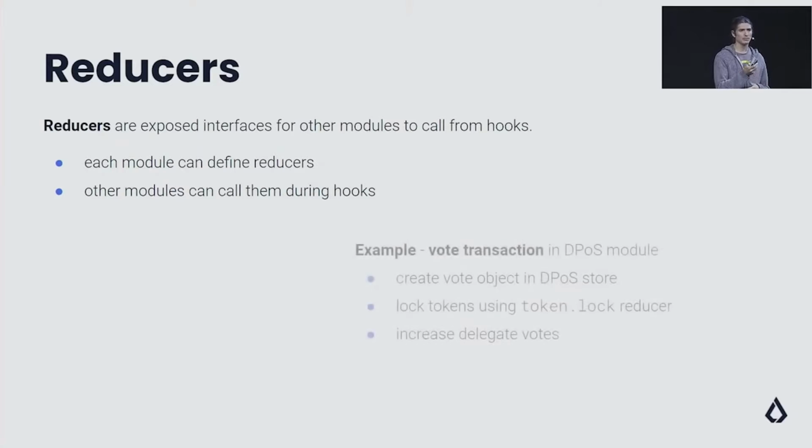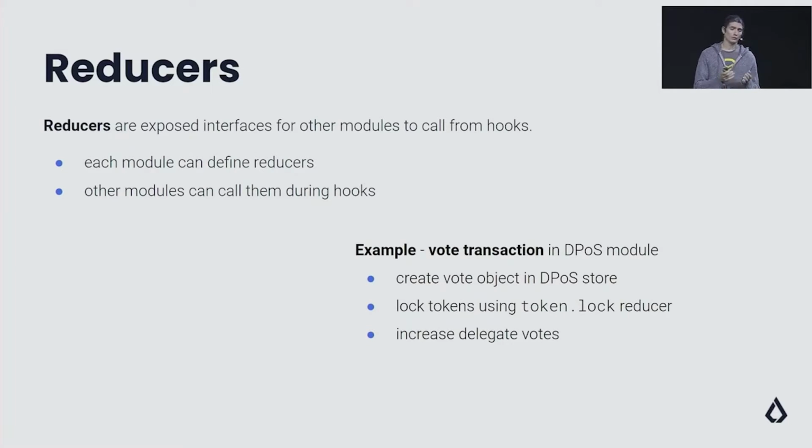So let's look at an example of this. The vote transaction in the delegated proof of stake module first creates a vote object in the DPoS store, but then calls the token lock reducer to lock tokens in the token store. And finally, increases the delegate votes, again, in the DPoS store.